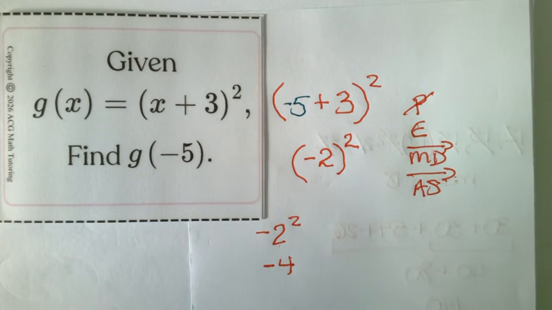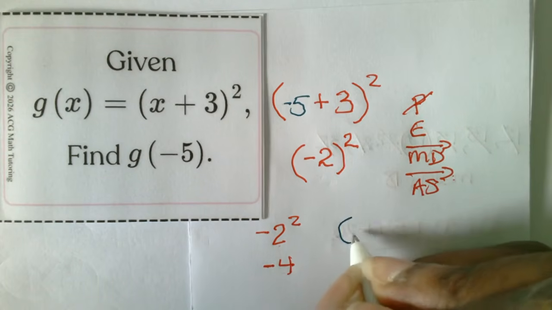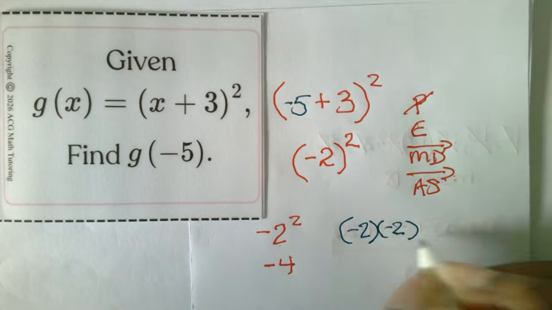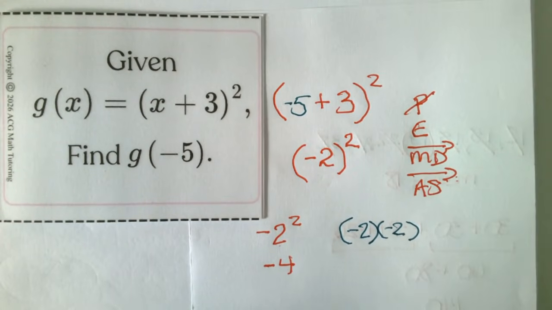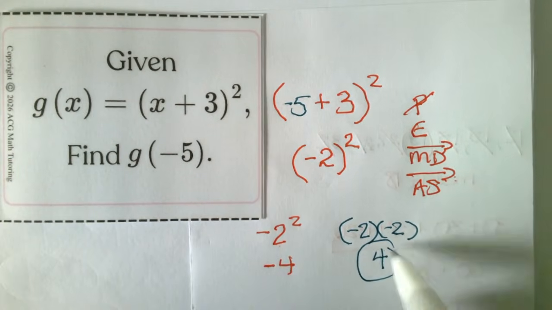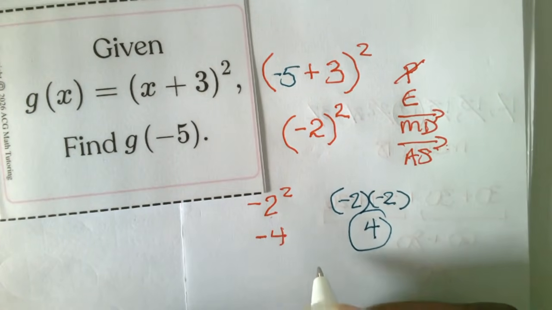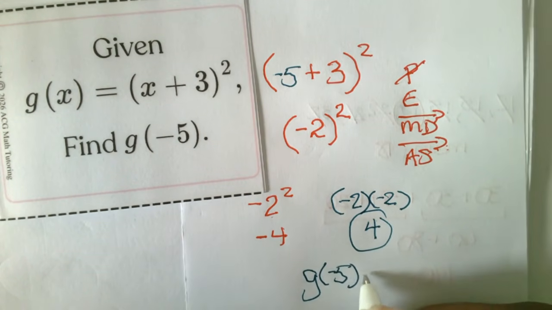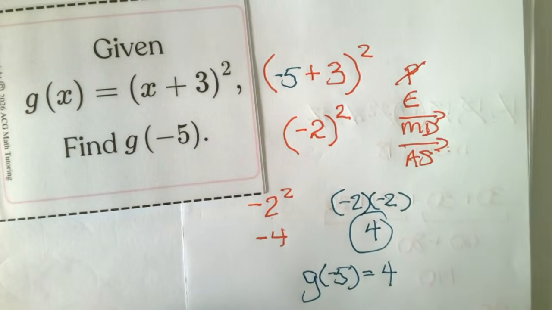But for the (-2) squared, it's saying you are multiplying that base of -2 two times. So a negative times a negative will give me a positive, and 2 times 2 will give me 4. So that means the G of -5 is a positive 4.